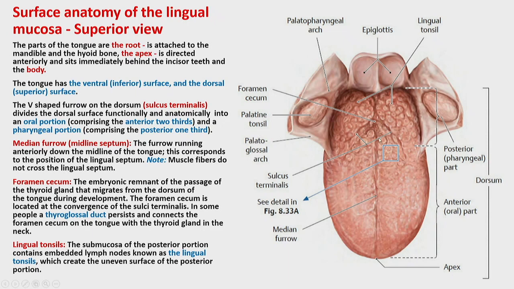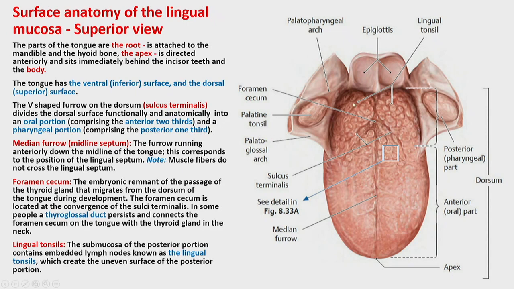The thyroid gland descends from here to the neck region as a thyroglossal duct, and in some people the thyroglossal duct persists, connecting the tongue to the thyroid gland. So the foramen cecum at the apex of this V-shaped sulcus terminalis is the embryonic remnant of the thyroglossal duct.